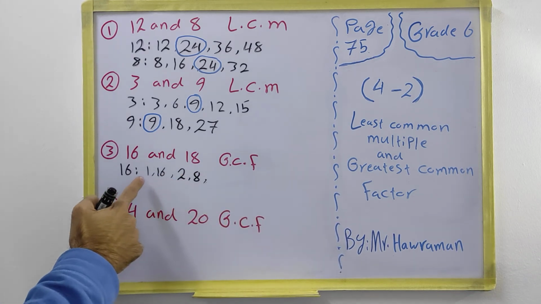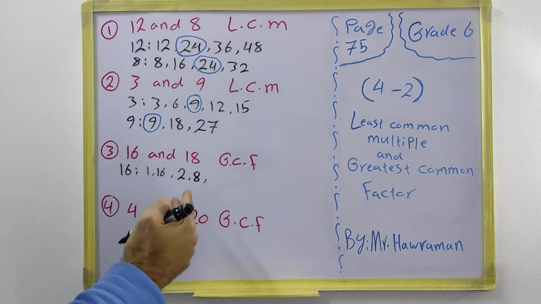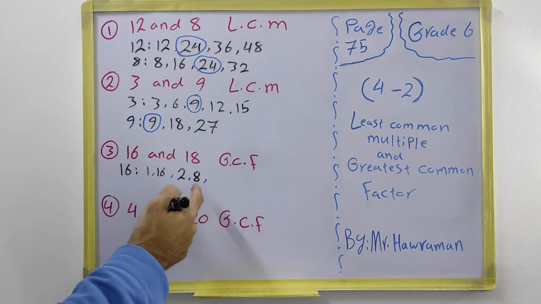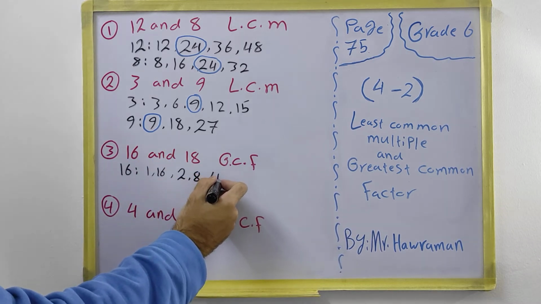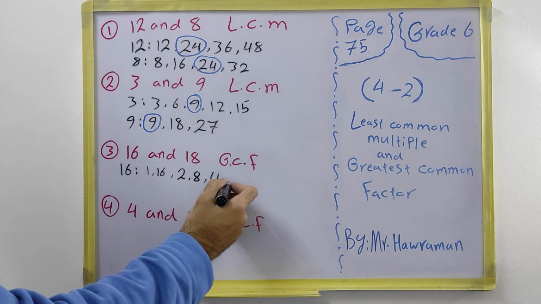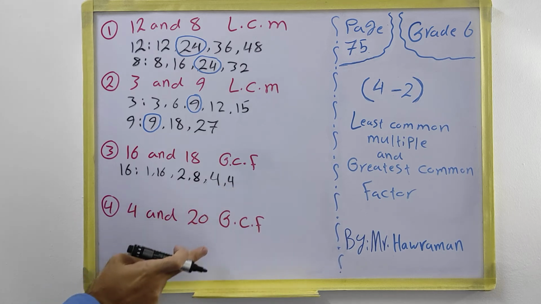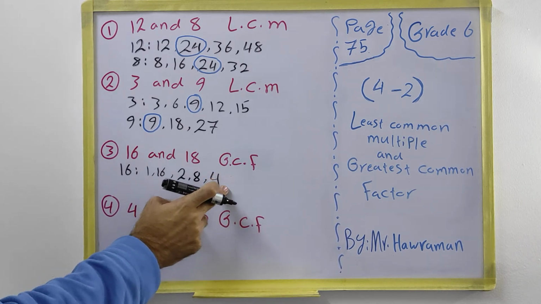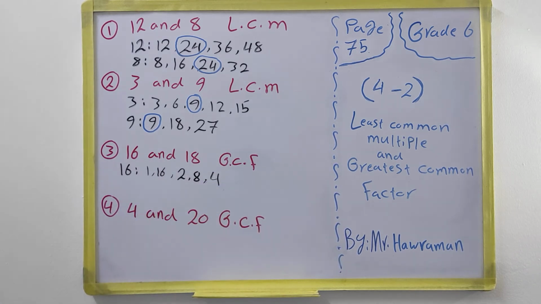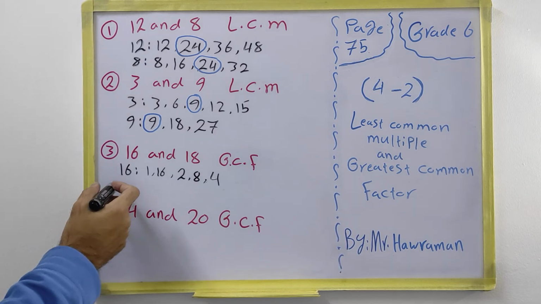We keep going one by one: 1, then 2, then 3 multiplied by anything, then 4 multiplied by anything. In 4, yes, we have 4 multiplied by 4. Because they are the same number, we don't need to write it twice, we just write it once. Number 4 is a factor of 16. Number 5, do you have anything? No. That's all that we can have to equal 16.